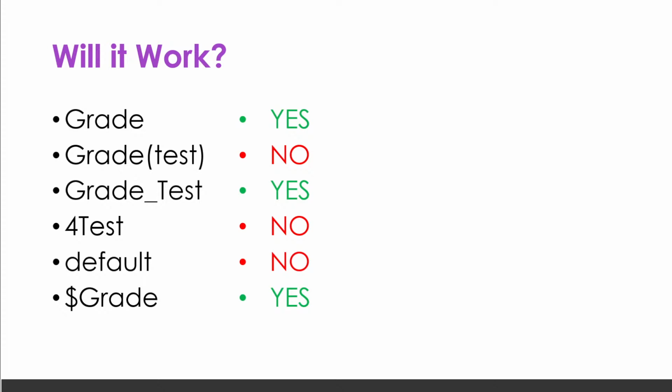Since that is an underscore, that is an approved special character. So it will work. The next one will not work because it begins with the number 4. Remember, my computer sees something that starts with a number, and it thinks, oh boy, time to do math. But then there's no math to be done, and it gets real upset.